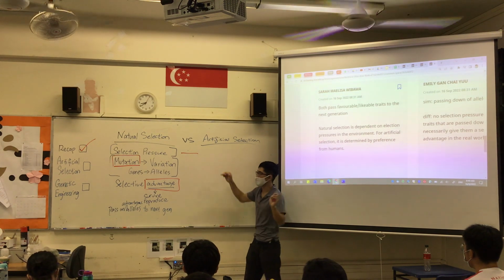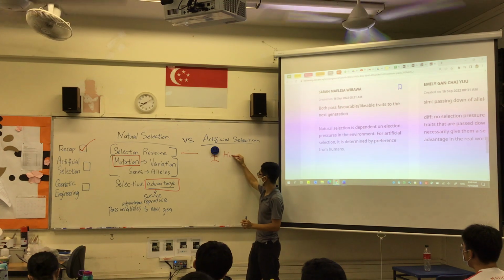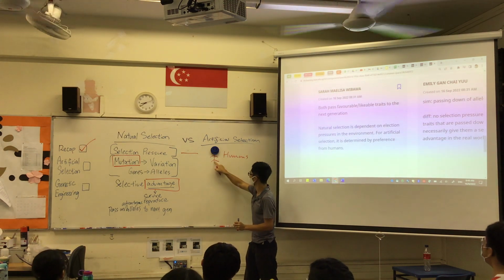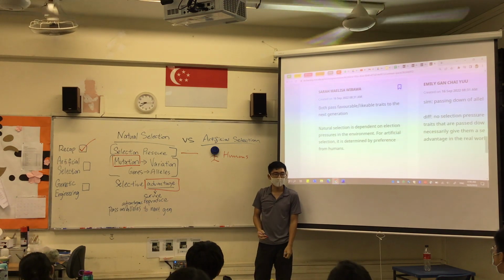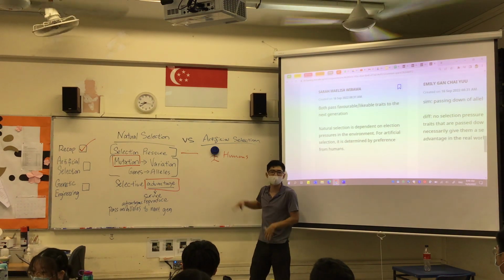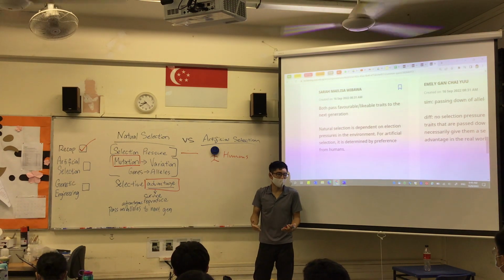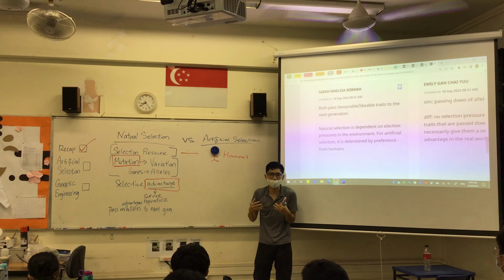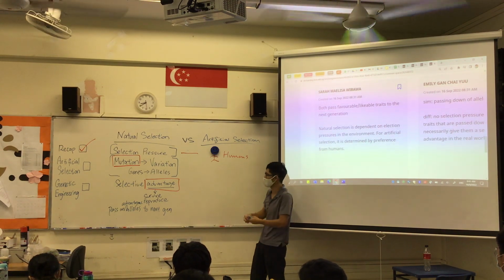That pressure is humans. Someone said it is the humans' desire. Humans, that is not really a pressure, right? Some traits don't necessarily confer a better chance of survival or reproduction, as we will see in a while.